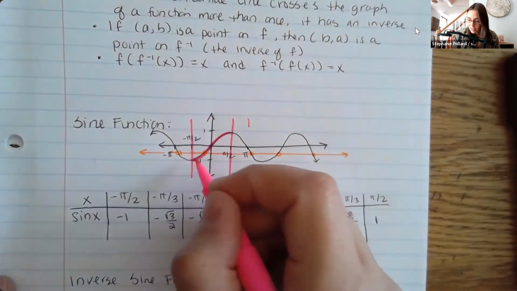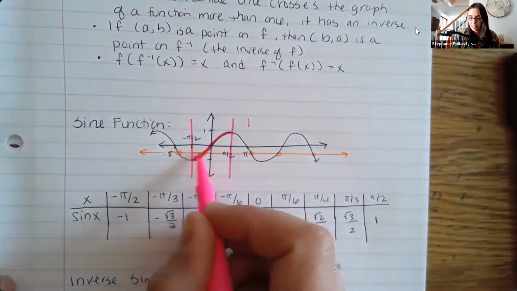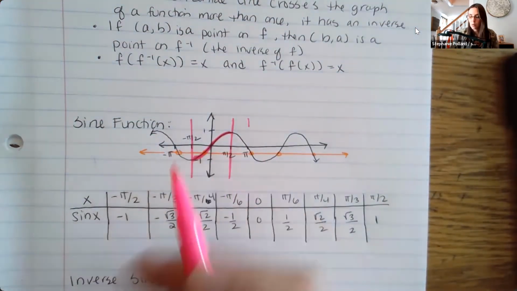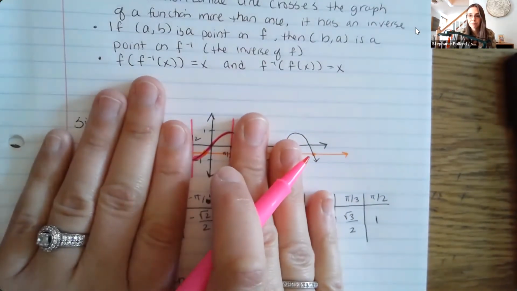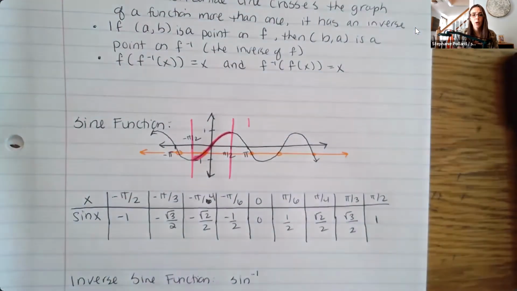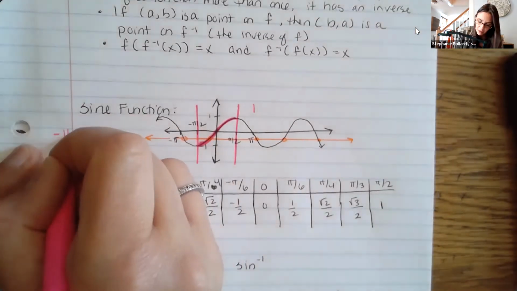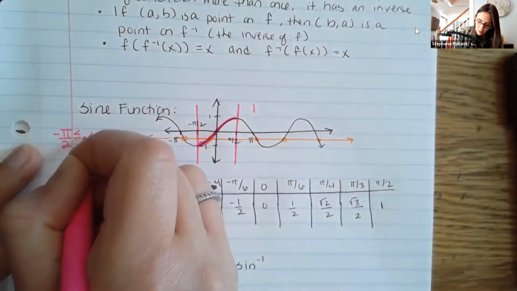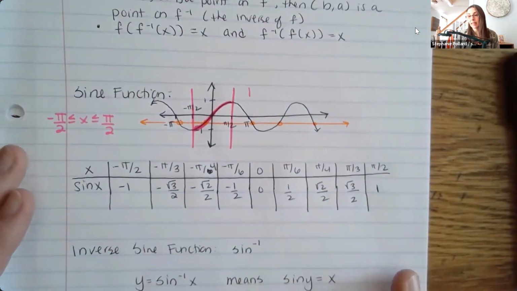If you look at just this little area, within it the graph only crosses that line once, so this right here would have an inverse function. That's what we're going to do. We're going to restrict the sine function from negative pi over 2 to positive pi over 2, and then we can find an inverse.